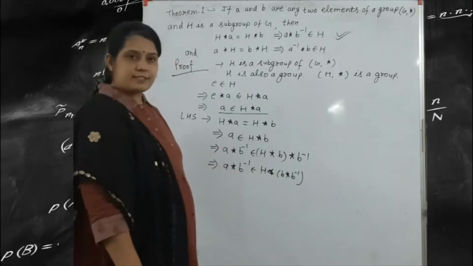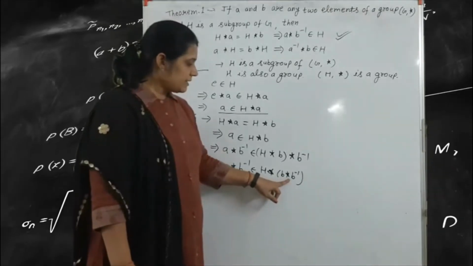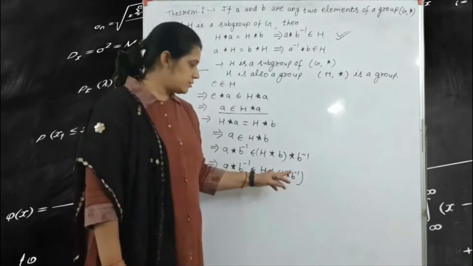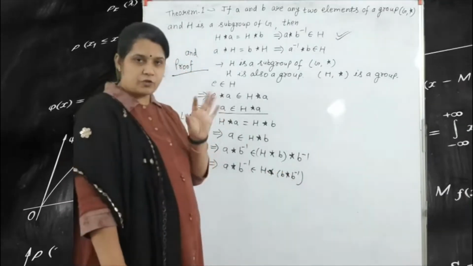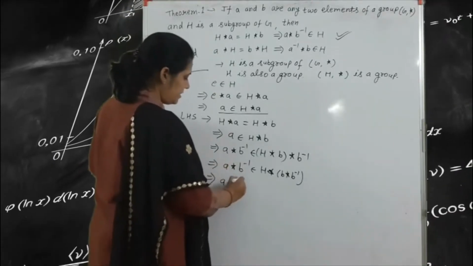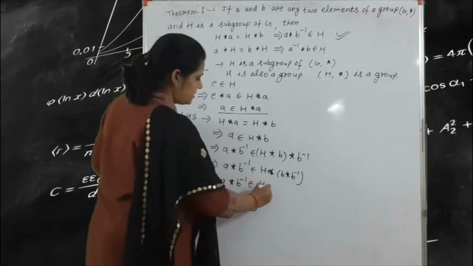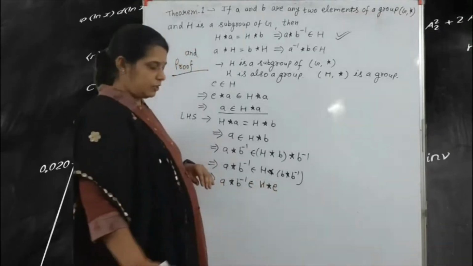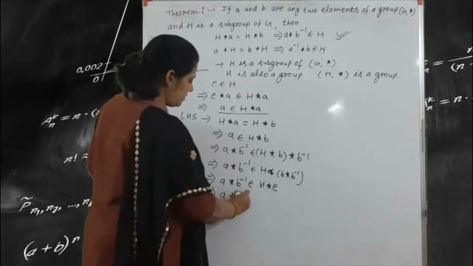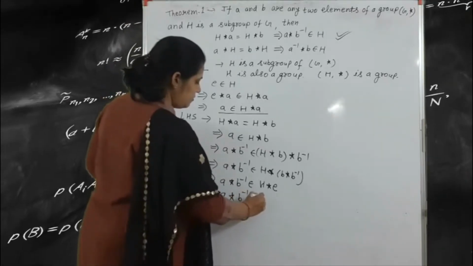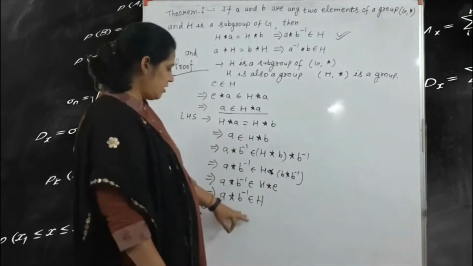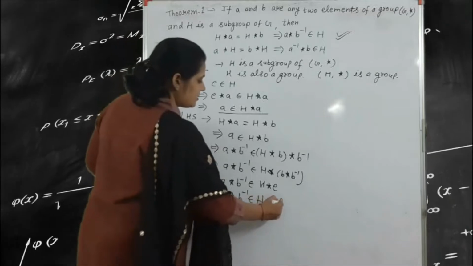H is a subgroup of G, so for an element and the inverse of the element, if we apply any operator, B star B inverse is equal to the identity element. That means A star B inverse belongs to H star E, so A star B inverse belongs to H. So this is the RHS.